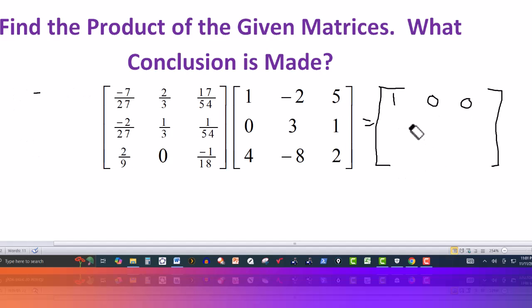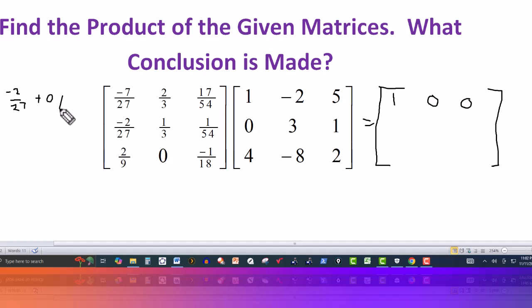Now to get the second row of the answer, we do the same thing we just did, but now we're using the second row of this matrix right here. So it's going to be negative 2 over 27. Negative 2 over 27 multiplies the entries of the first column. So negative 2 over 27 times 1 is negative 2 over 27. And then I got a plus here. Then it's the 1/3 times the next component of that column, which will be 0.